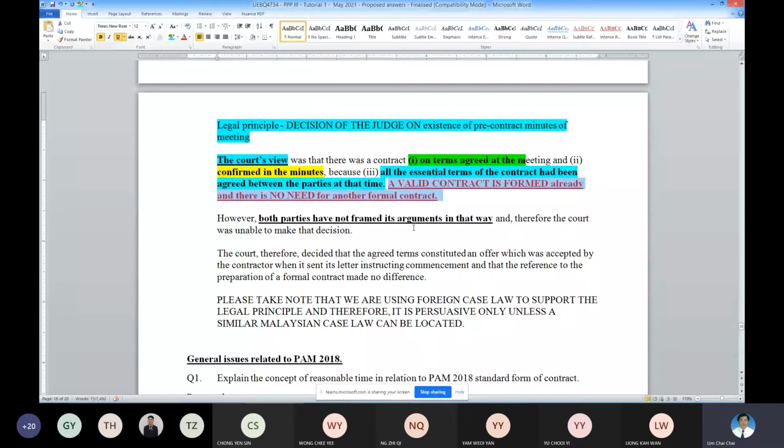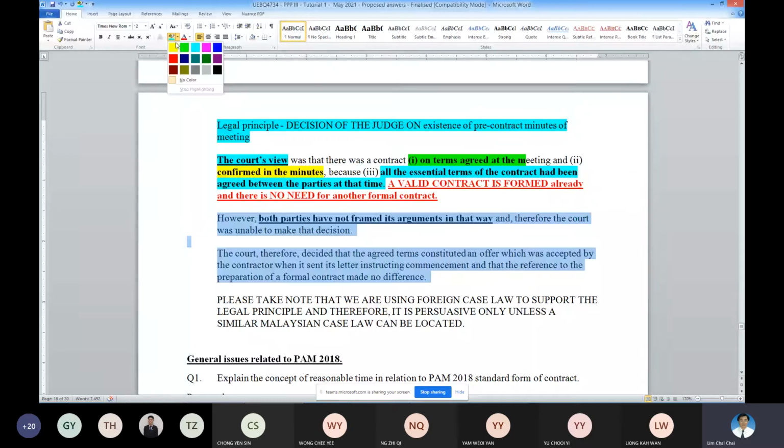These are additional things for you to think about. The judge goes further. However, both parties have not framed their argument in that way. See, the judge is analyzing the time, looking at it: you didn't confirm all these things in that way. Therefore, the court was unable to make that decision.